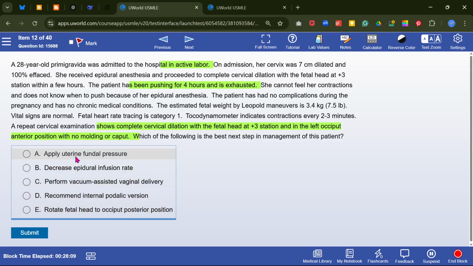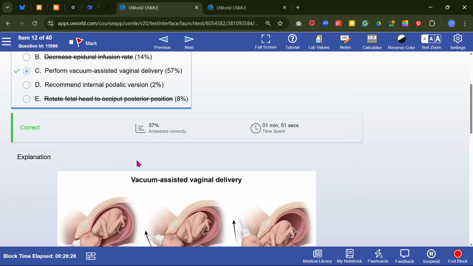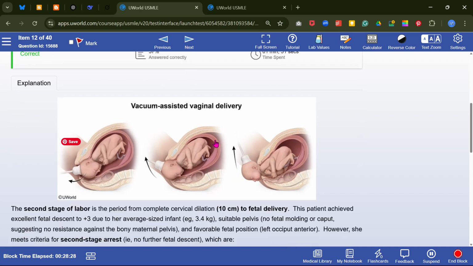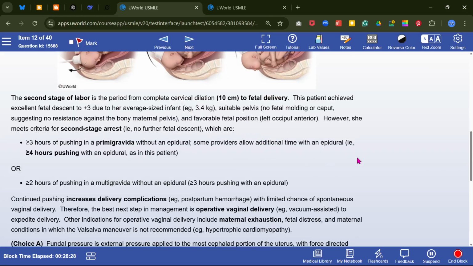So, it is in between C and D, isn't it? Okay. Vacuum assisted. Okay. The second stage of labor.